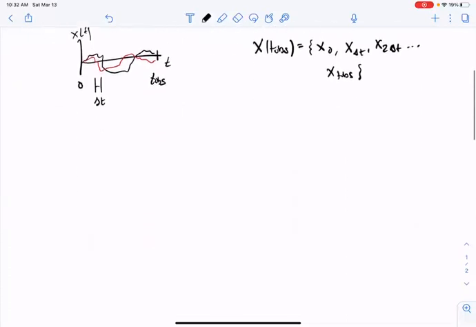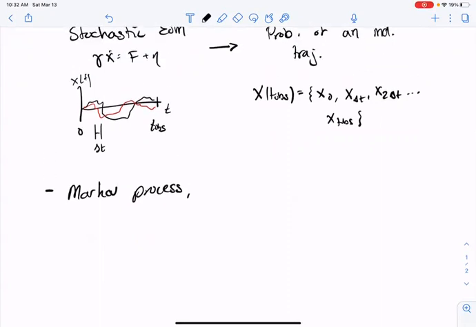So first, we will confine our discussion to Markov processes, those like the overdamped and underdamped Langevin equations whose equations of motion are local in time.